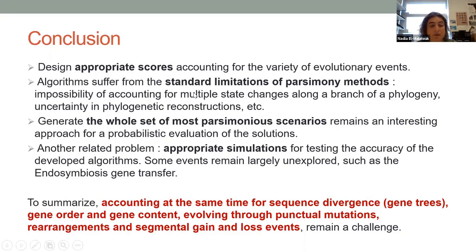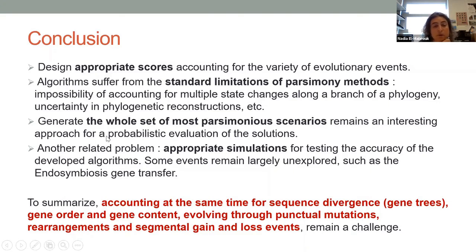However, the larger the list of considered evolutionary events, the more difficult is the problem of an appropriate sampling for such a statistical study. So being able to generate the whole set of most parsimonious scenarios remains an interesting approach for a probabilistic evaluation of the solutions.